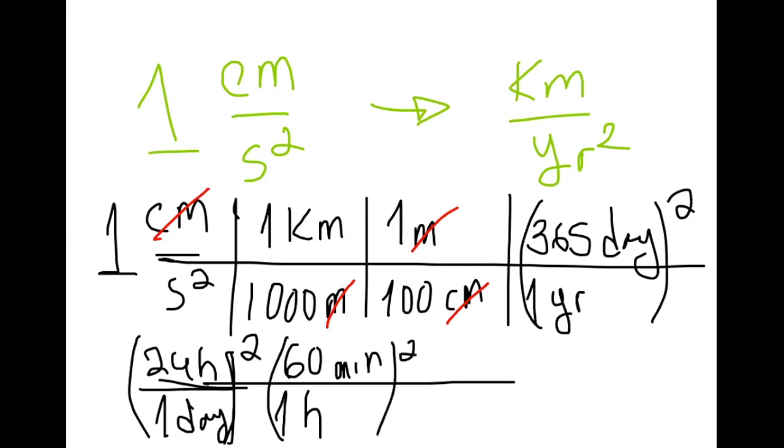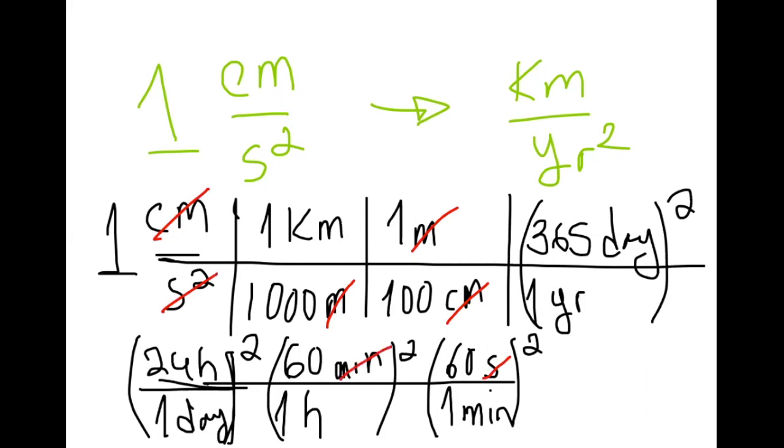And you also know that 1 minute has 60 seconds, and this is also squared. With this, you can erase second squared with second squared, right?